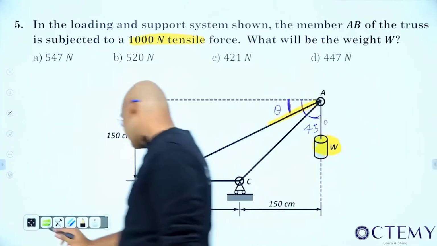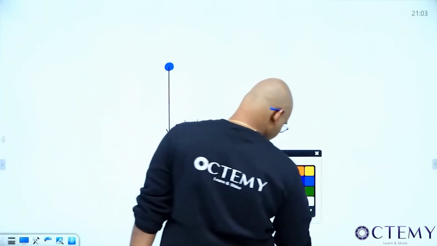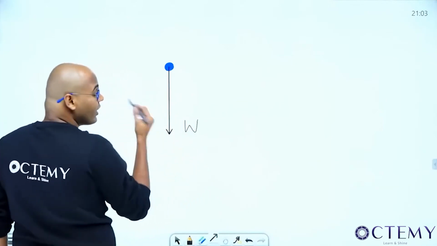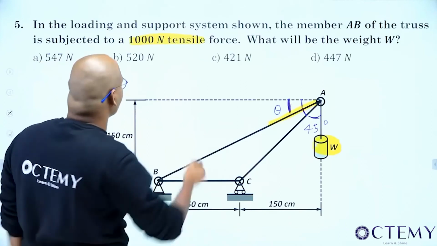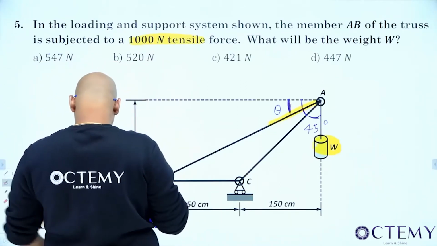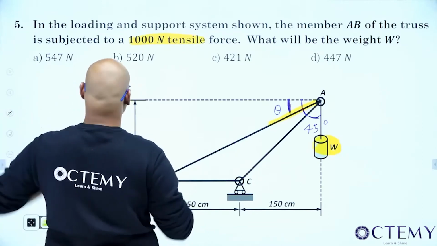Okay. Now please all of you see. I have 2 forces. How I have to take them? Towards the joint, but already given in the problem was 1000 newton tension. What's the meaning of the 1000 newton tension?